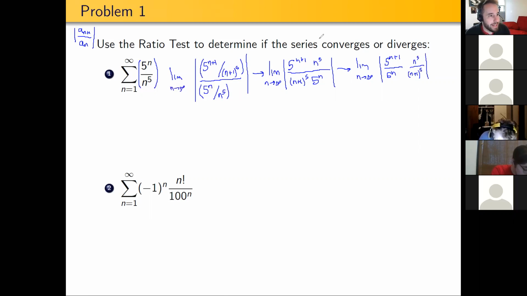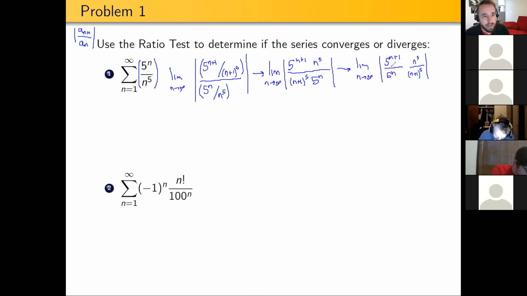Now, in practice, I will usually jump directly from this step here all the way over to this step over here, because I'll know ahead of time that what I really want to do is group my similar terms together. And the reason why I want to do that is because grouping similar terms actually lets me do some really fancy cancellation.